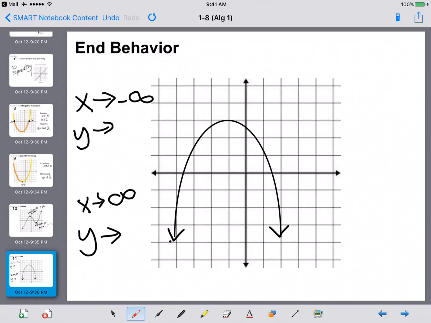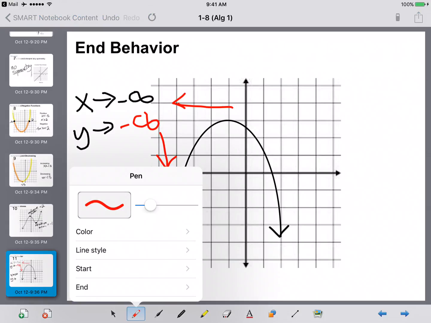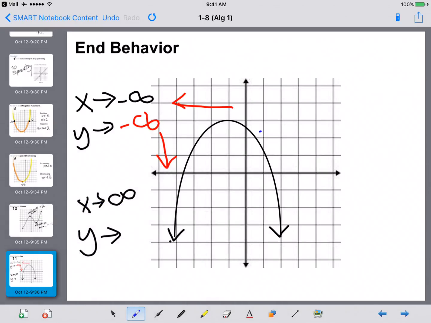So here, as x is going to negative infinity, so as it's going this way, our y is going down. So our y is going to negative infinity. Then we look and go, okay, as x is going to positive infinity, what's our y doing? It's going down, so it's going to negative infinity. And that is how I would write my end behavior.